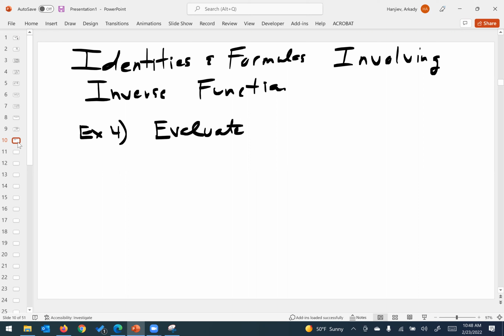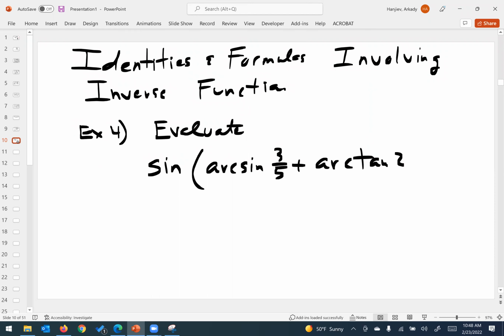Okay, so evaluate this, guys. I need to know the sine of arc sine of 3/5 plus arc tangent of 2. That's just sine inverse of 3/5 plus tangent inverse of 2.